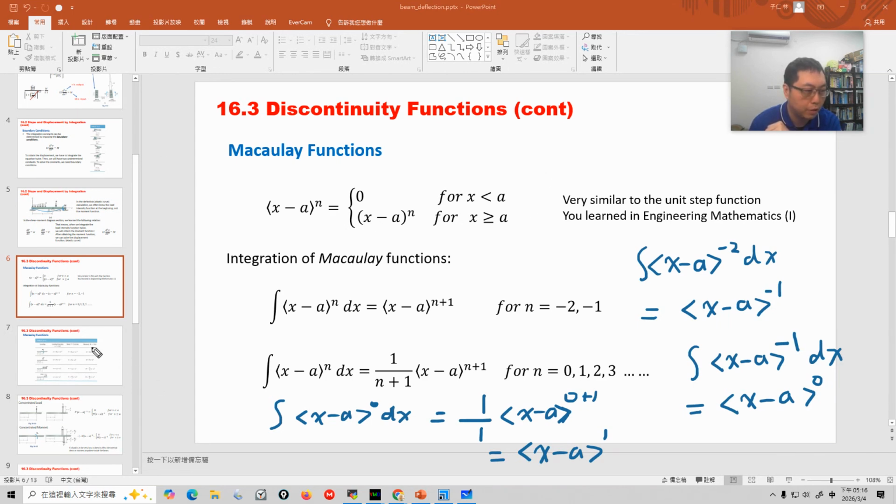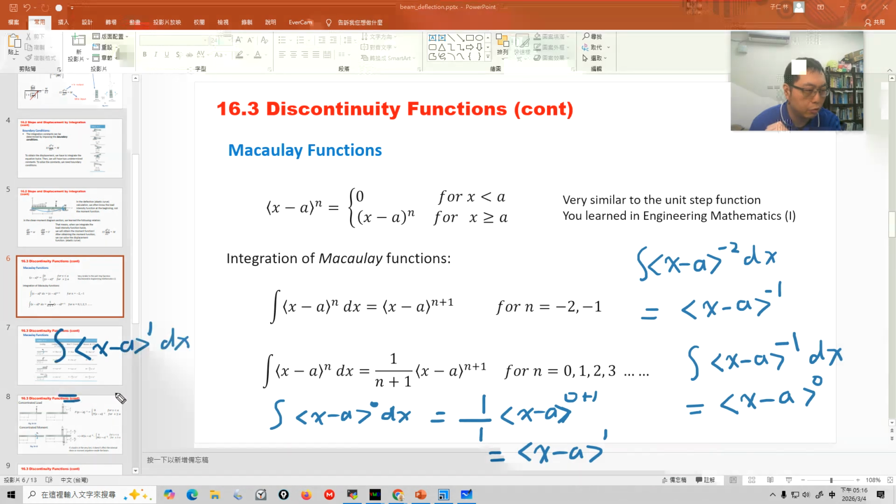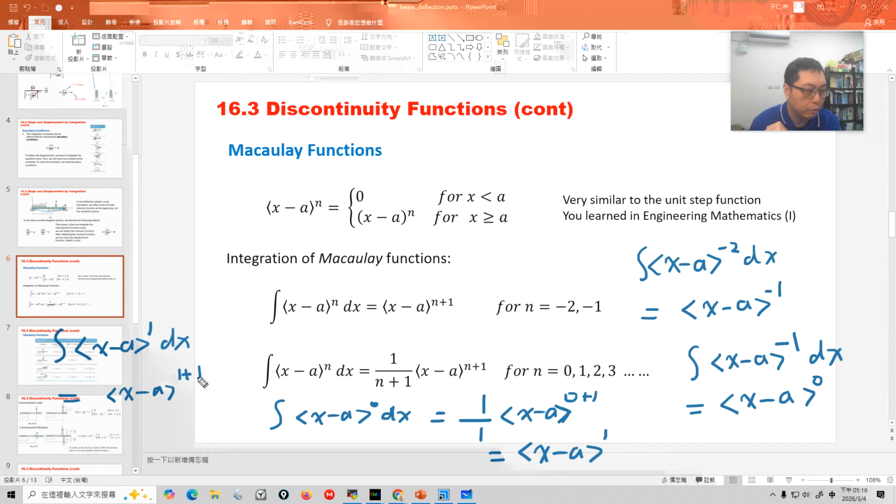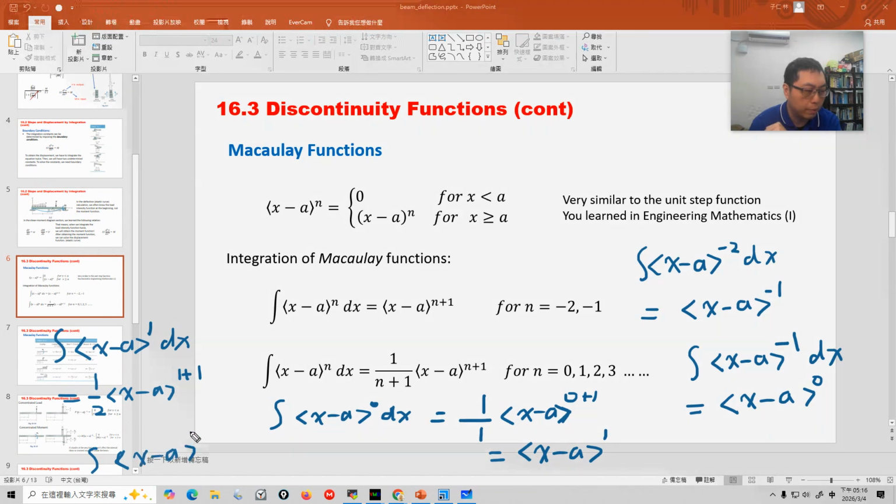Another example: the integral of x minus a to the power 1 is x minus a to the power 1 plus 1, which is 2, so it's 1 over 2. And the integral of x minus a to the power 2 dx is x minus a to the power 2 plus 1, which is 3, over 3.